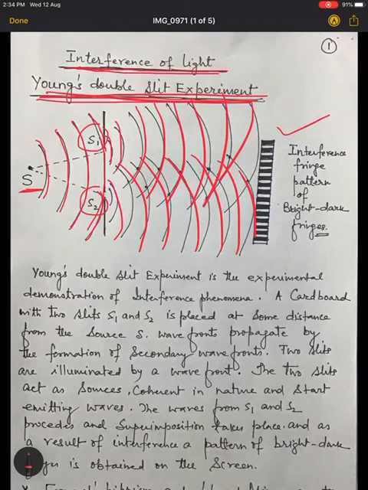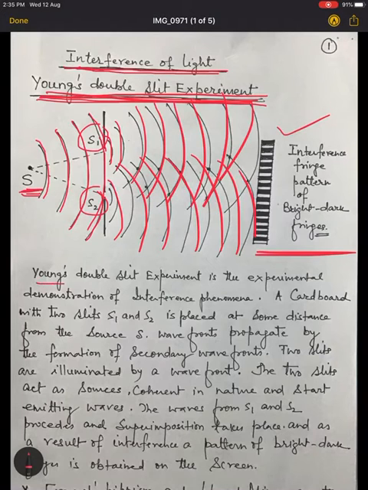So this is the importance of Young's double slit experiment: he has given the idea of how to get coherent sources in reality. A single source can be used to form two coherent sources S1 and S2, and those coherent sources can be used to produce interference fringes.